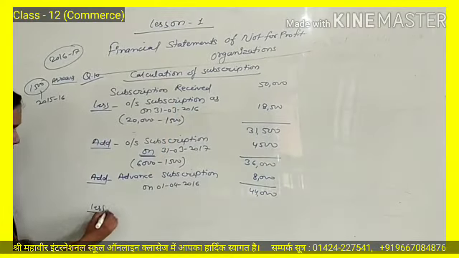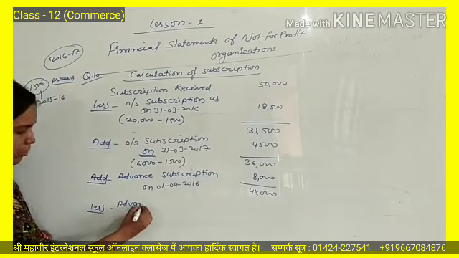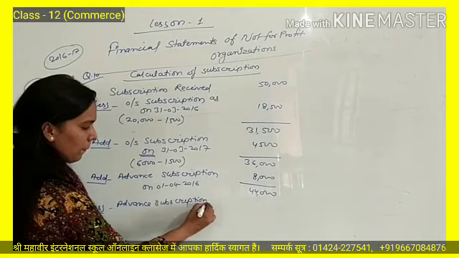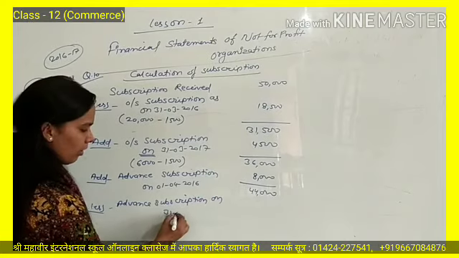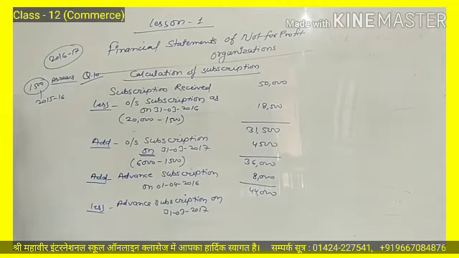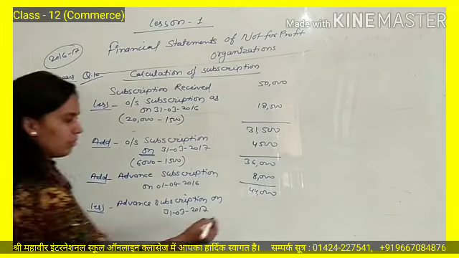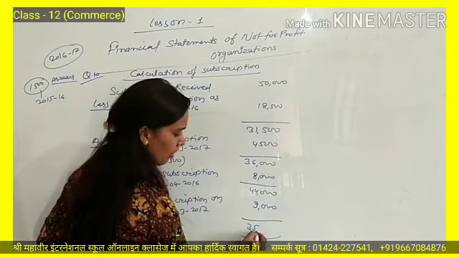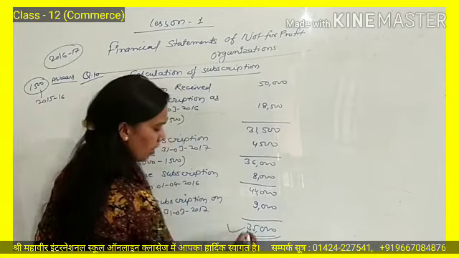Then deduct advance subscription on 31st March 2017, that is 9,000. So the actual amount you will show in income and expenditure account is 35,000.